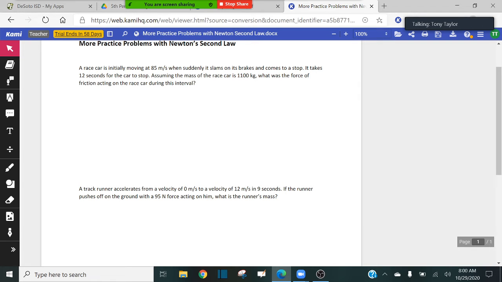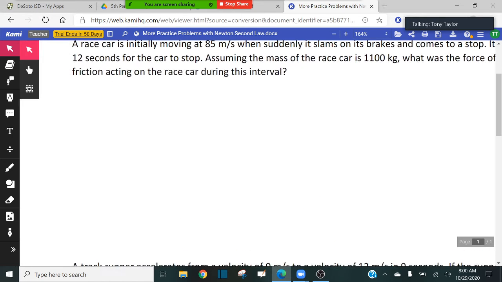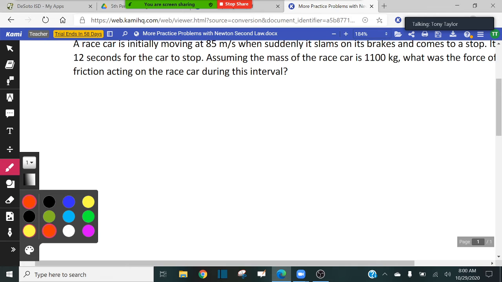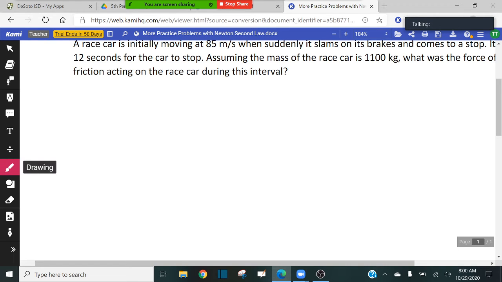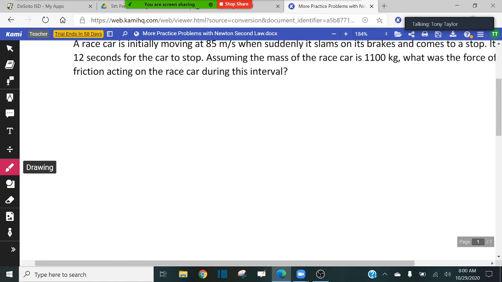The first equation I'm going to write down, it turns out we're going to actually have to go back to our kinematics unit. The first equation I want to write down is the equation for acceleration that we talked about in our kinematics unit last 6 weeks. And remember, guys, what acceleration is.